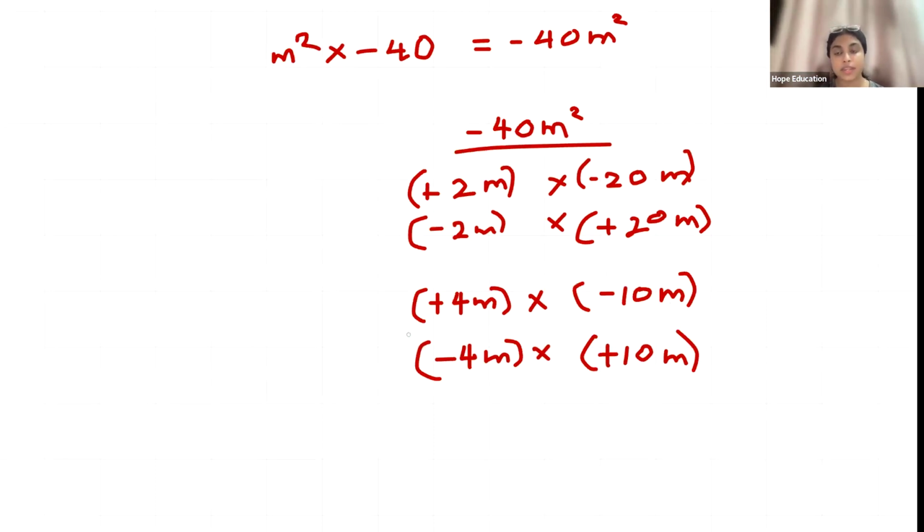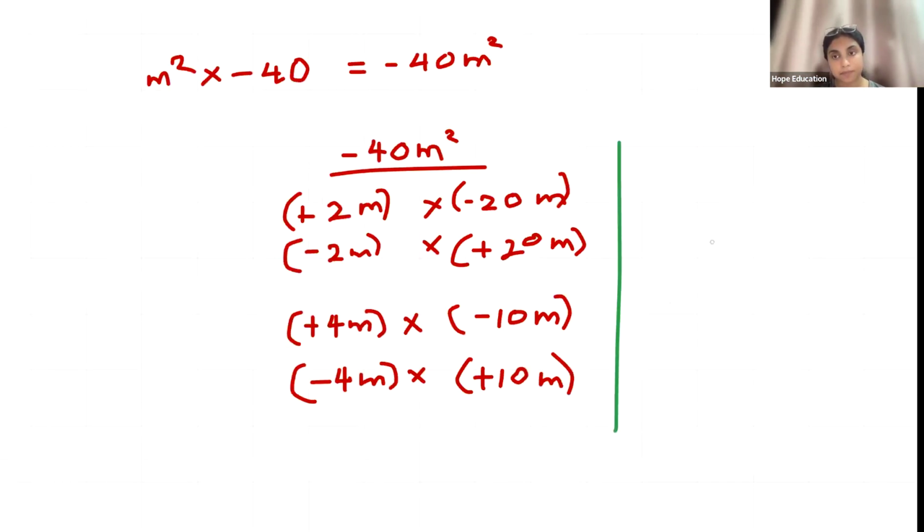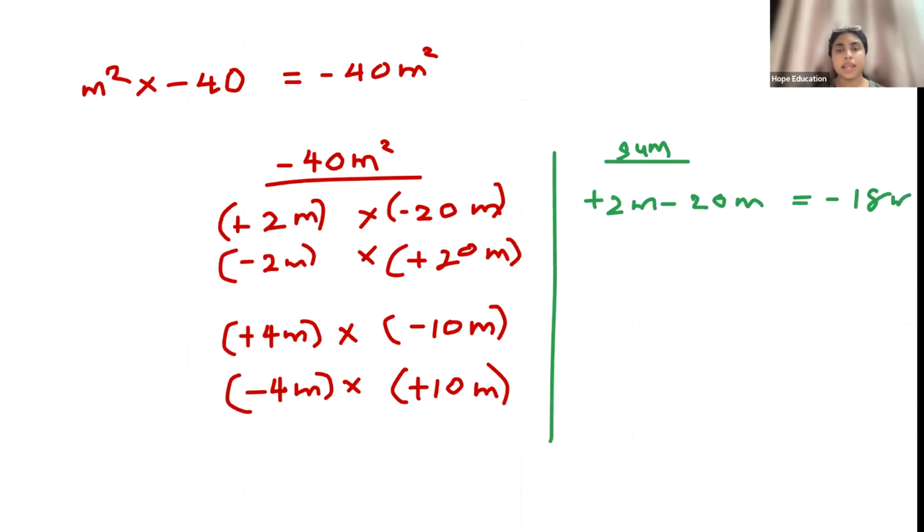So, here plus 2m minus 20m. We get minus 18m. Is that what we have here? No, we have plus 6m. Minus 2m plus 20m.